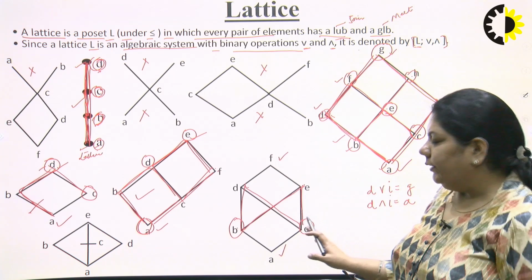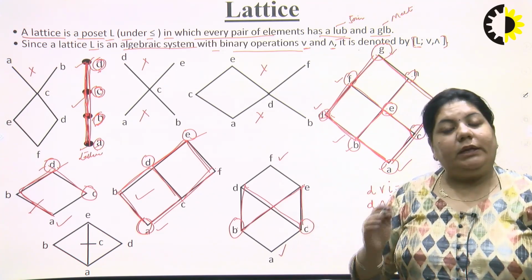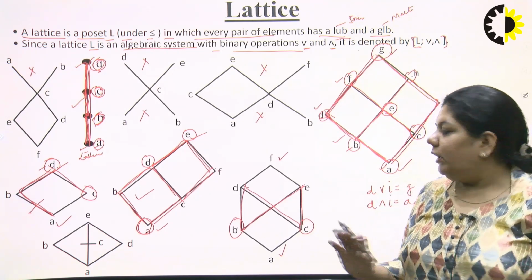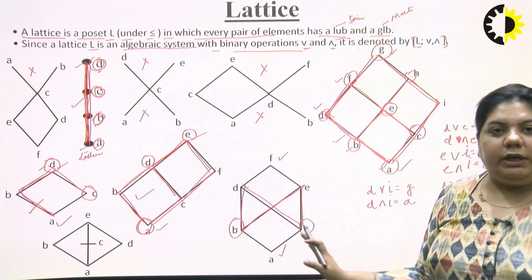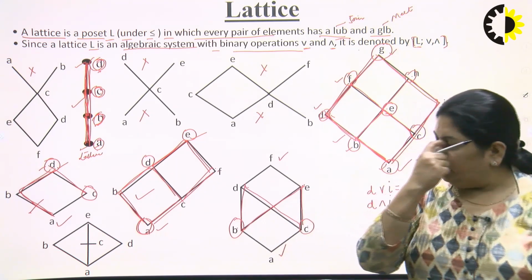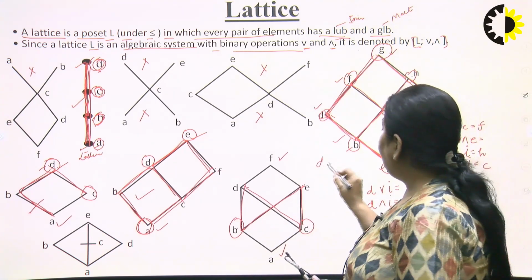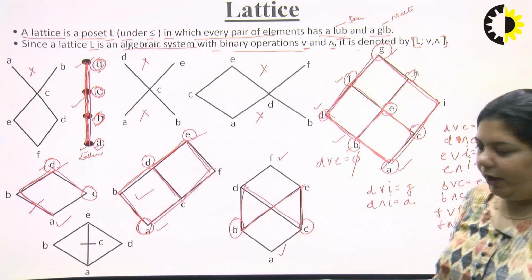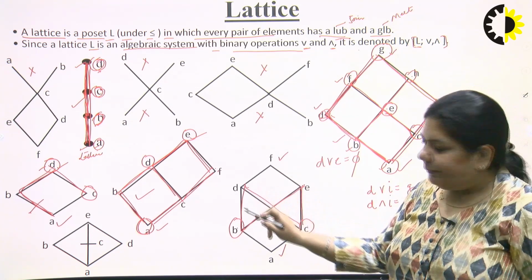The greatest lower bound could be only 1, the least upper bound could be only 1. There should be only one meet or join. But we are getting here 2. That means for D and E, the meet does not exist. We are unable to find it.